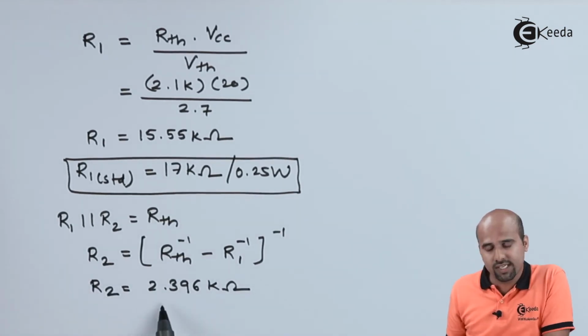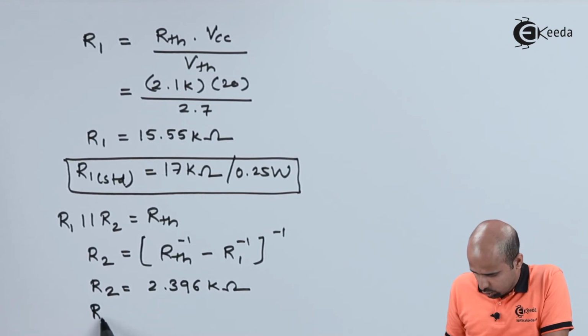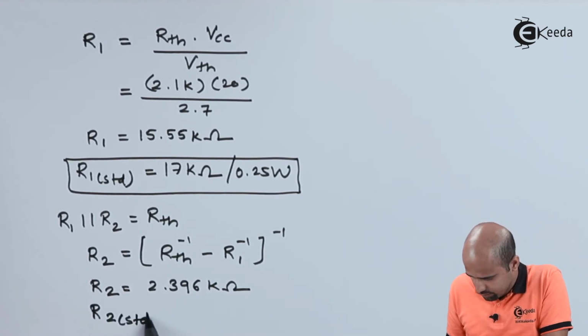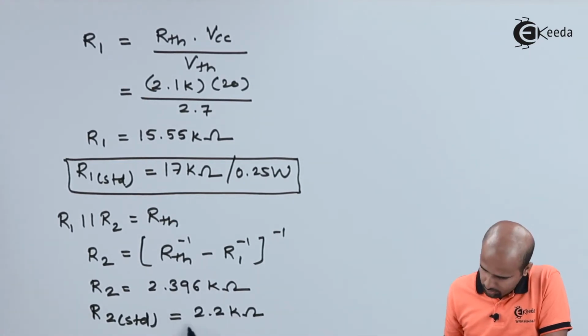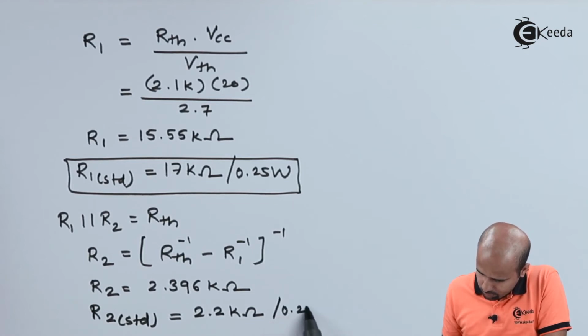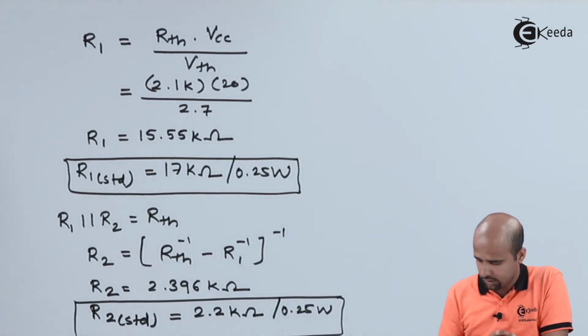So I'll take the lower side value of R2. R2 standard is equal to 2.2 kilo ohm, 0.25 watt. This is the value of R2.